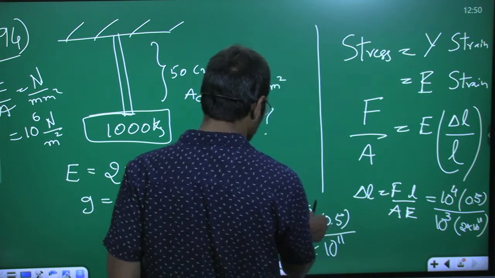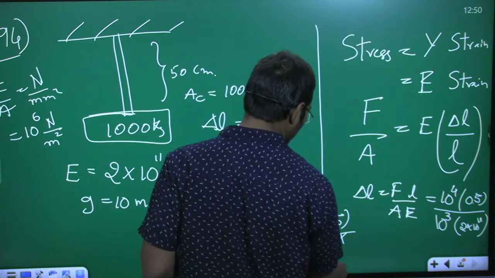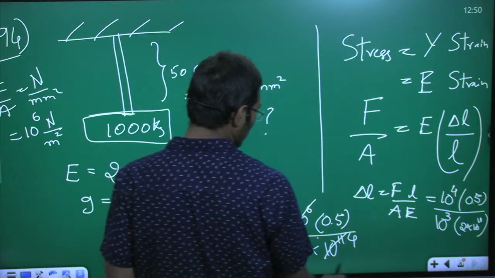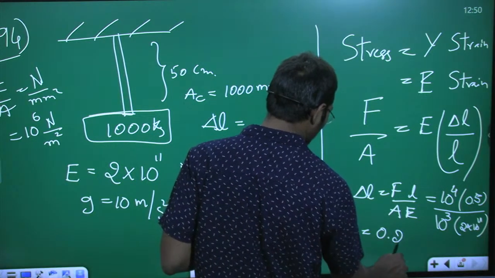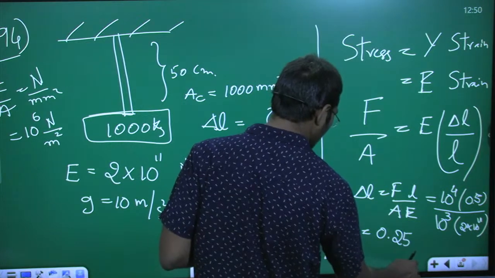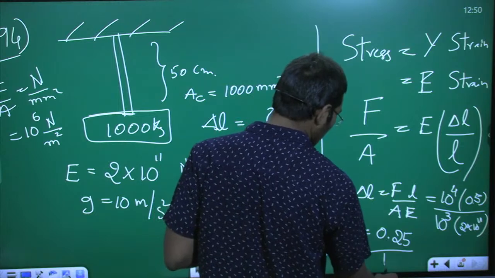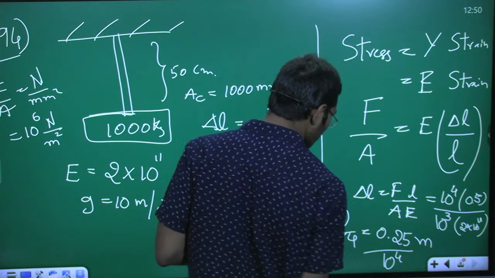Yes, 10 power 6 plus 1, 7. Here we are left with 4. Okay. So 0.25 by... directly I am trying to write 0.5 by 2 by 10 power 4, we will get something in meters.